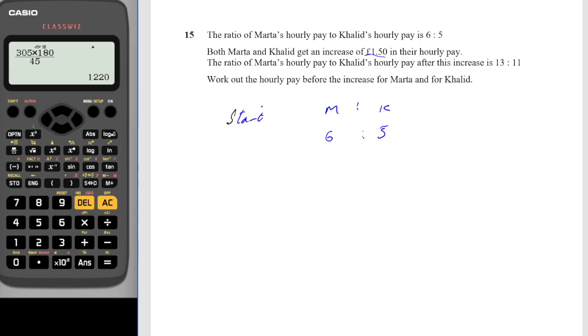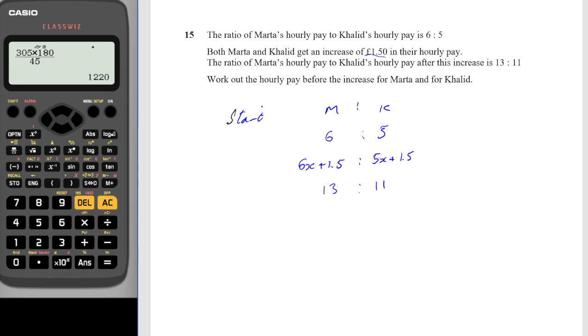So if I call whatever this is X, they're going to get X times this. So I call that 6X plus 1.5 to 5X plus 1.5, and we're told that now the ratio has increased to 13 to 11. So in effect, these ratios are equal.